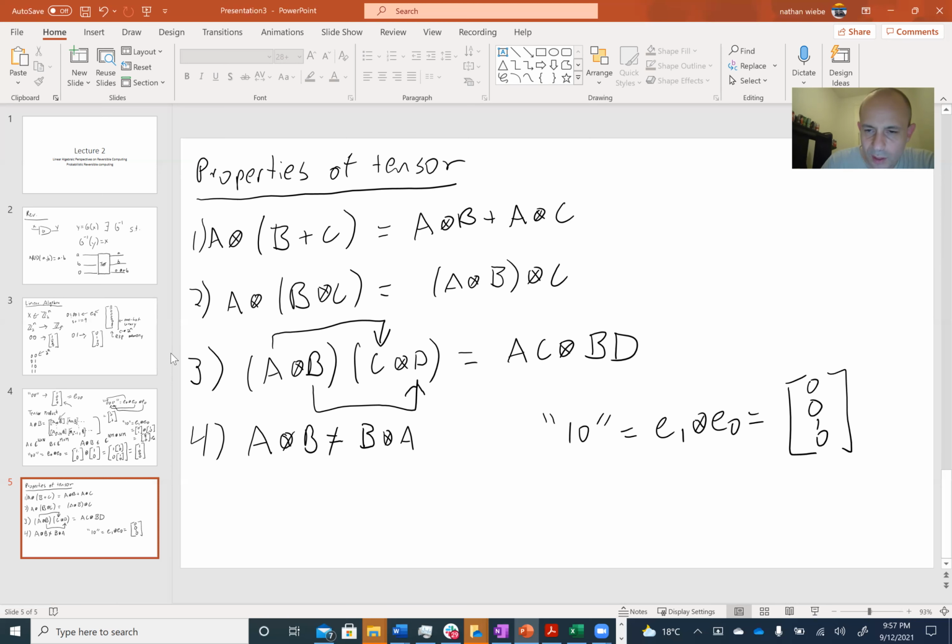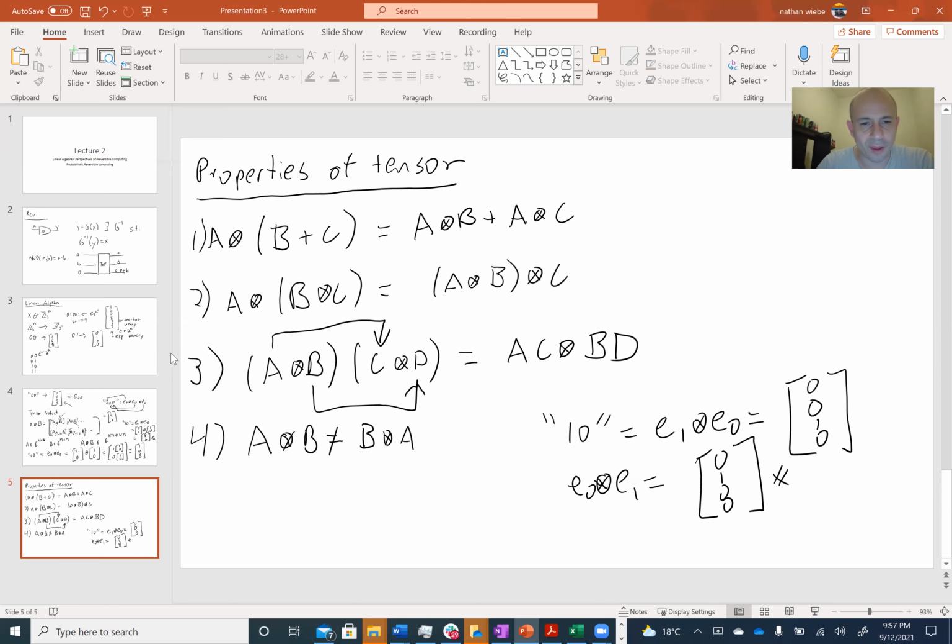However, E0 tensor E1 is equal to 0, 1, 0, 0. So these two are not equal to each other. The tensor product is non-commutative.